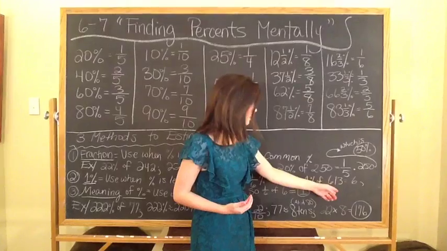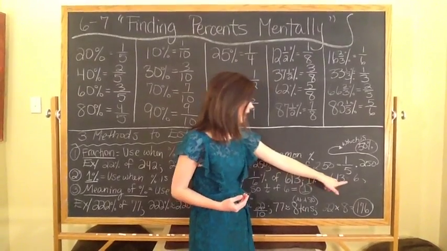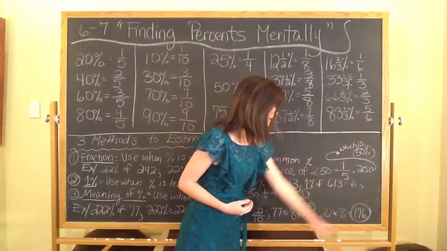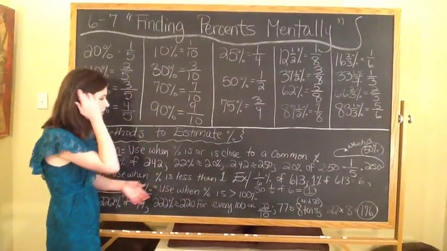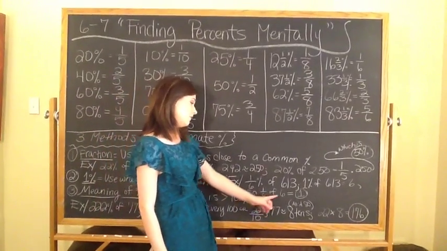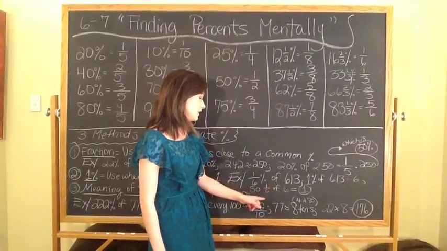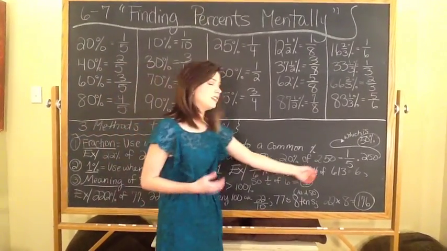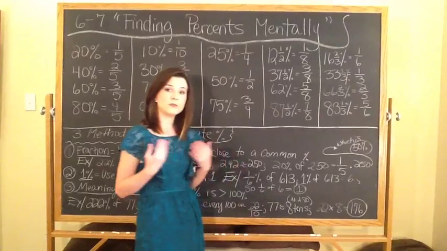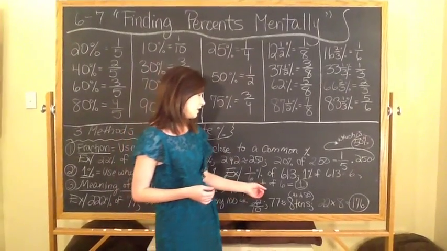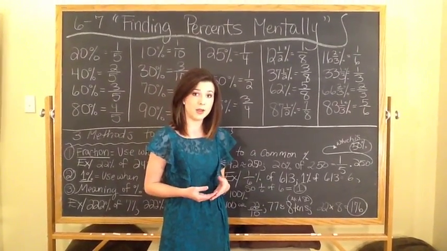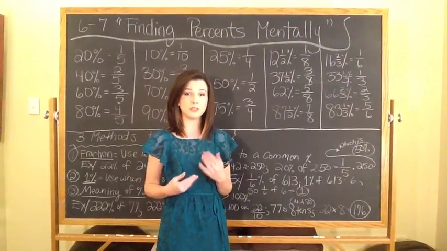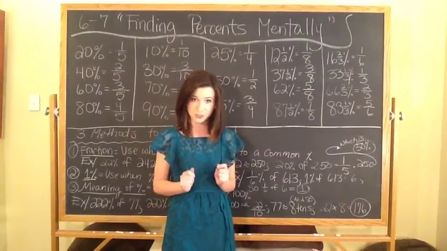So 1% of 613 is about 6. Then 1/6 of 6 would give you 1, because you cross cancel the 6 and you're left with 1. Basically, first you find 1% of the number, and then you multiply the fraction percent by that 1%. I know it sounds kind of confusing, but if you watch it several times and once we do some examples, it's going to settle in, so don't freak out.